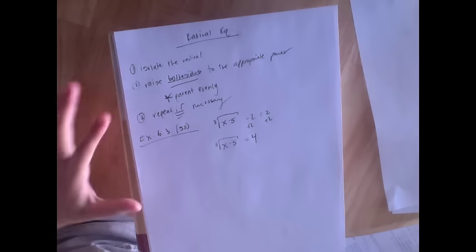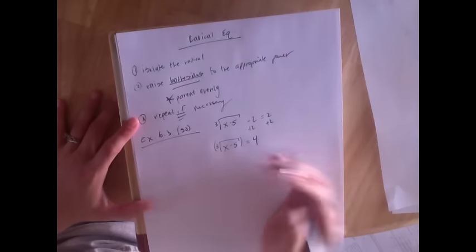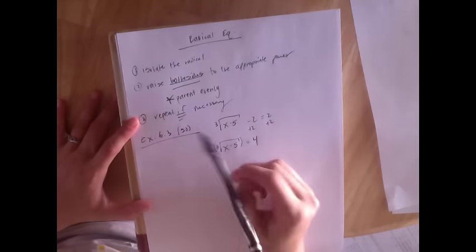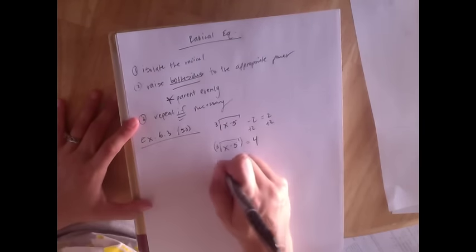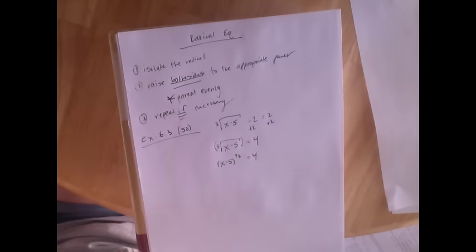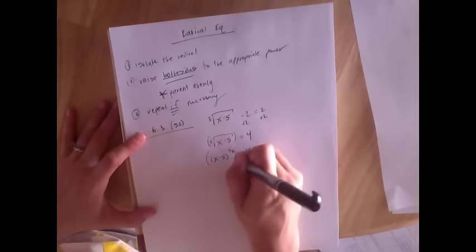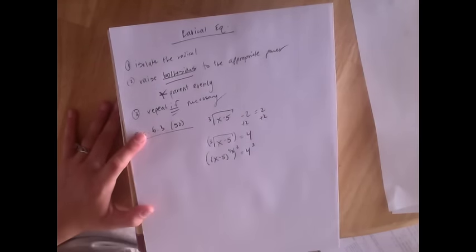Raise both sides to the appropriate power. In this case, the cube root, we know rewrites this as x minus 5 to the 1/3 power equals 4. If we were to rewrite our radical in exponential form, that means I'm going to cube both sides.